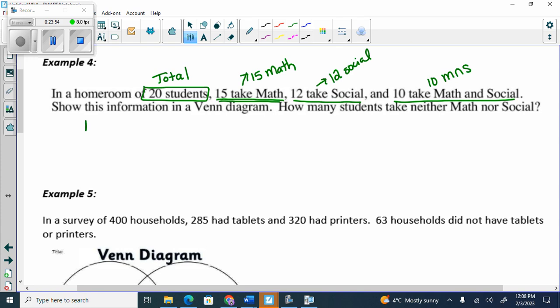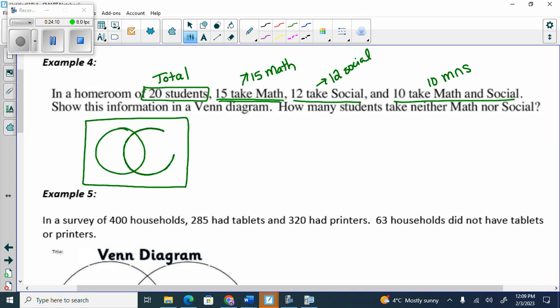Okay. Venn diagrams always have a box around them, because what's not contained in the circles would just be floating around the world, right? They need to be in a box and that box should add to 20, right? That's the key thing. Now, if you want to use short form variables like an M and an S, you have to say off to the side, let M represent math and let S represent social.